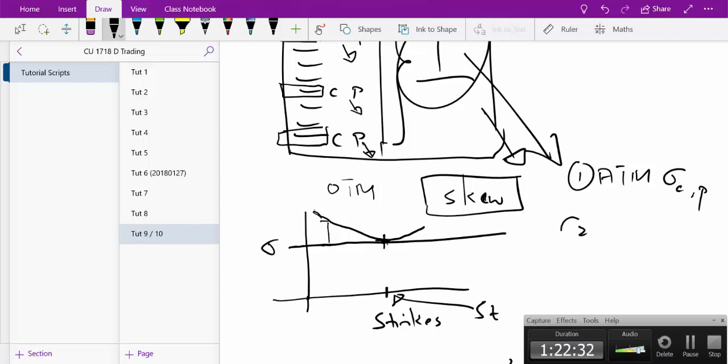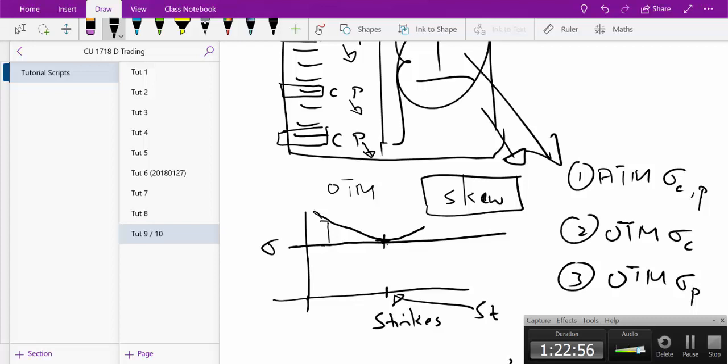The second thing we look at is out of the money call vol and out of the money put vols. In the money volatilities are not really very interesting. Why is that? Because we look at out of the money.